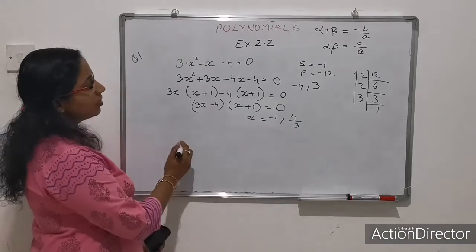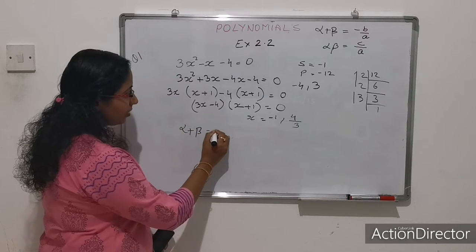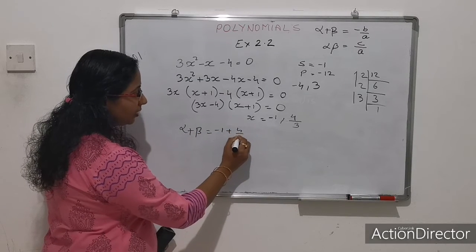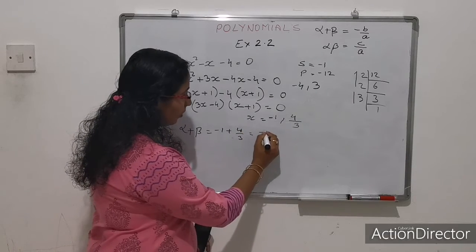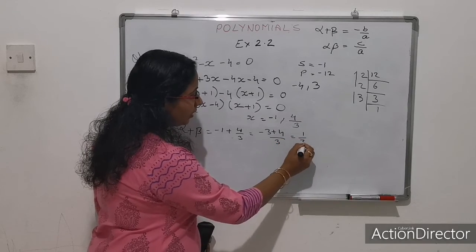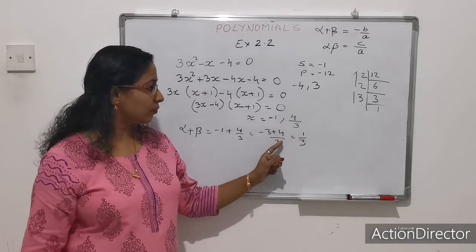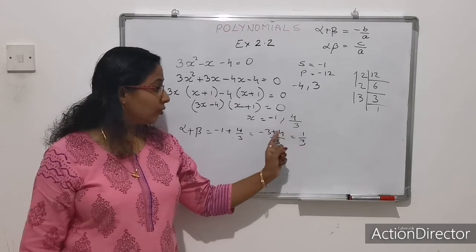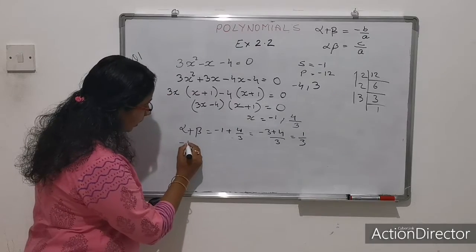Right? So now we'll do the checking process. Alpha plus beta is equal to minus 1 plus 4 by 3. That is minus 3 plus 4 by 3. That is 1 by 3. Right? Minus 3 plus 4 is 1. Right? 4 minus 3 is 1. That is 1 by 3. Now what is minus b by a?